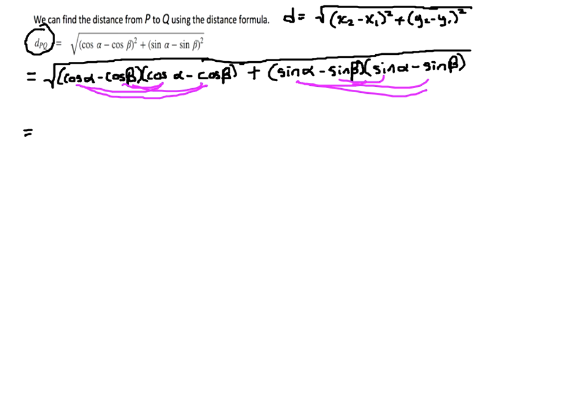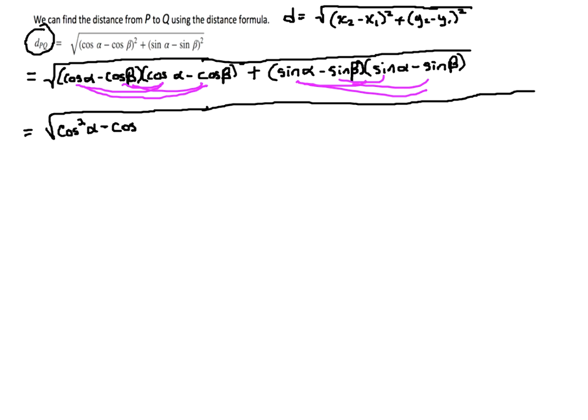So this is equal to the big square root of cosine alpha times cosine alpha, which is cosine squared of alpha. Cosine alpha times negative cosine beta is negative cosine alpha cosine beta.